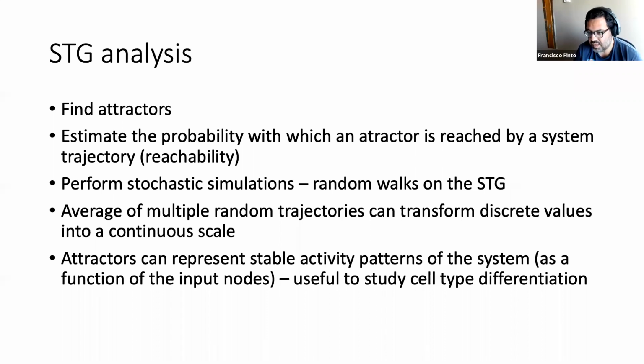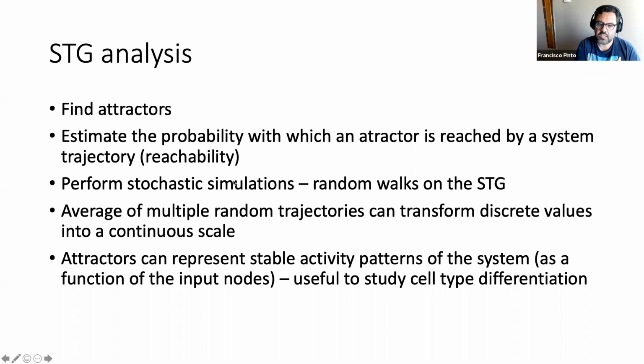And that time is a function of what is the node that is changing its value. So you can make this random walk, looking at what node changed its value, so what kind of interaction originated that change. You can estimate from an exponential distribution the time that transition took to occur.